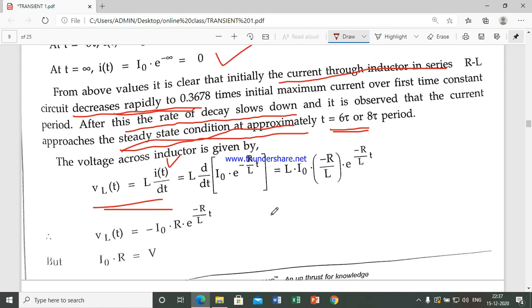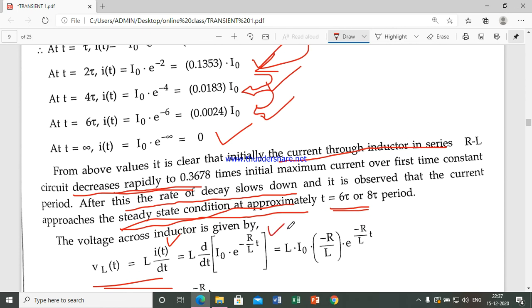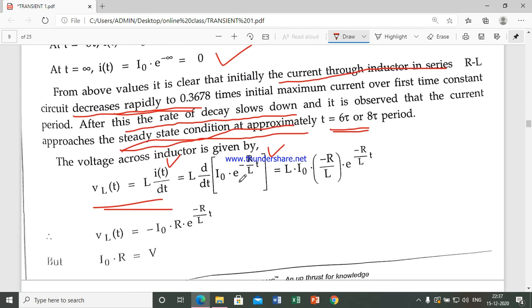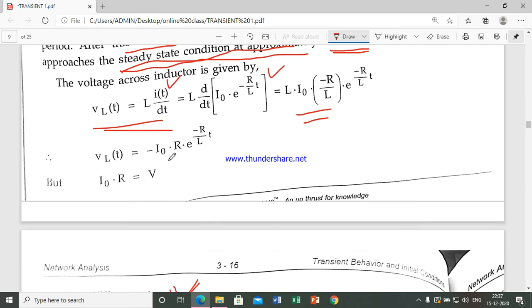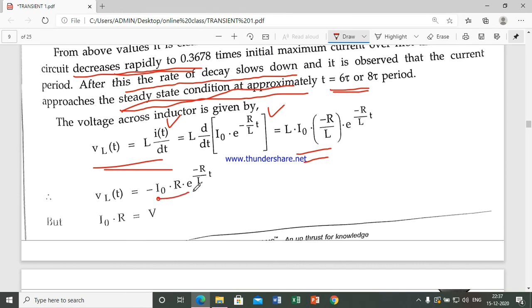v_L(t) equal to L into di by dt, and write down the expression of i(t). The i(t) expression we already got as I naught into e raised to minus R by L into t. If you rearrange this, you will get the expression for v_L(t), the voltage across the inductor, that is minus I naught R into e raised to minus R by L t.